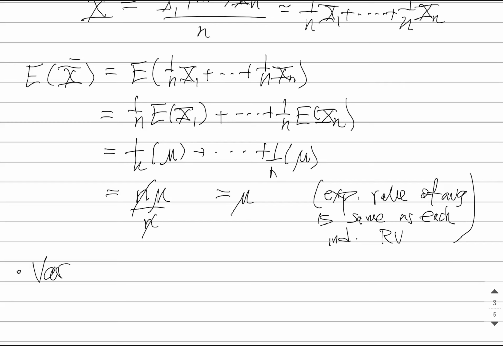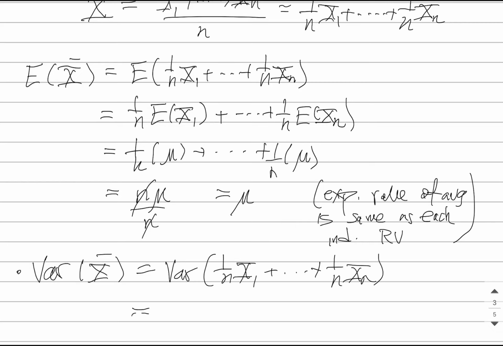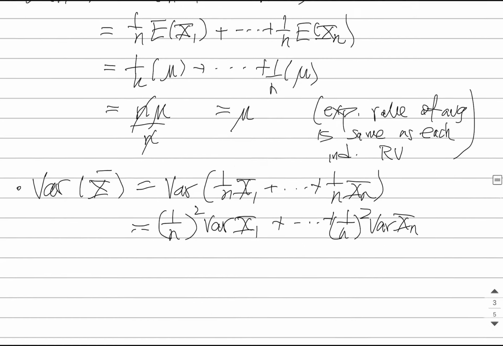The variance of the average in general works very similarly. Because we've said that all of these random variables are independent, we are allowed to use the variance property and split this up and weight accordingly. So we need to square all of those weights.